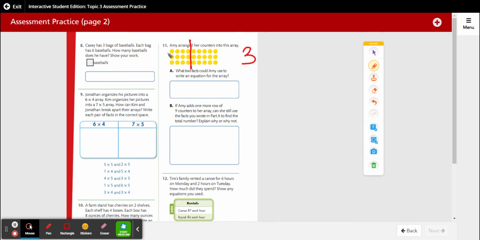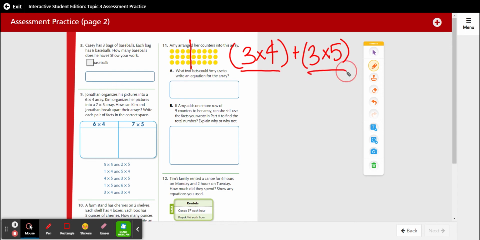And now how many do I have in each group? 1, 2, 3, 4, times 4, plus 1, 2, 3, still the same number of groups. 1, 2, 3, 4, 5, times 5. Okay, so the first fact would be 3 times 4. The second would be 3 times 5.